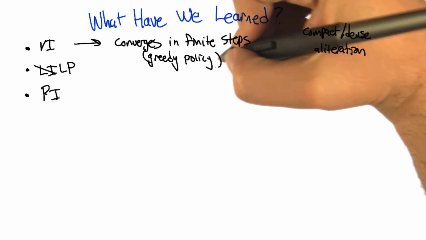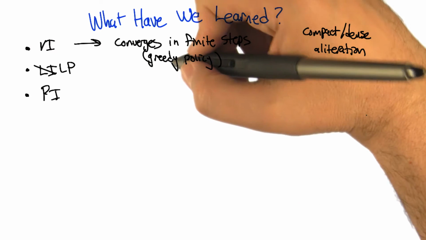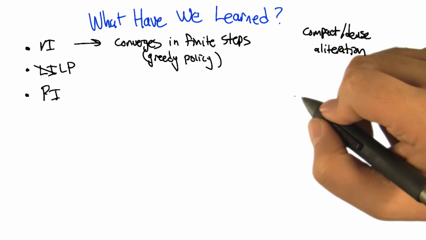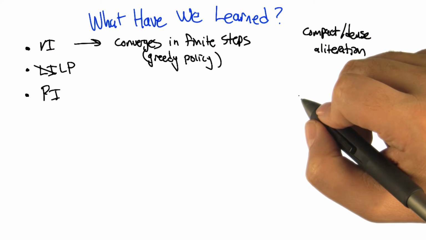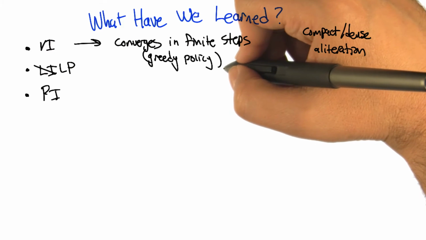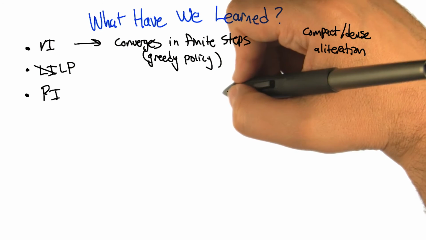Sure. But that's a good point, that it's not that the value function itself has to, because otherwise we'd go all the way back to EM and have that conversation again. But that the policy itself will stop changing. The greedy policy will stop changing at some point and in finite time. Right. And it'll be optimal at that point. Yeah, and the value function itself doesn't necessarily converge, but it's going to get boundedly close to the solution.